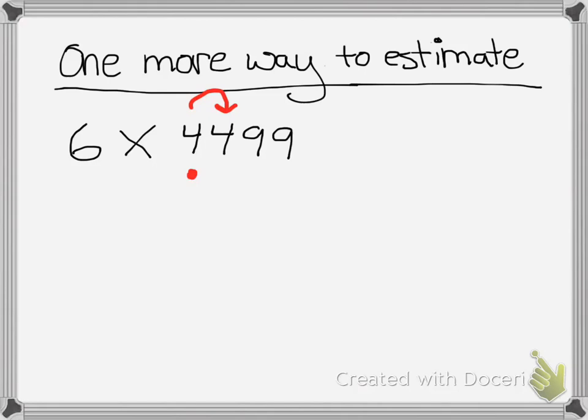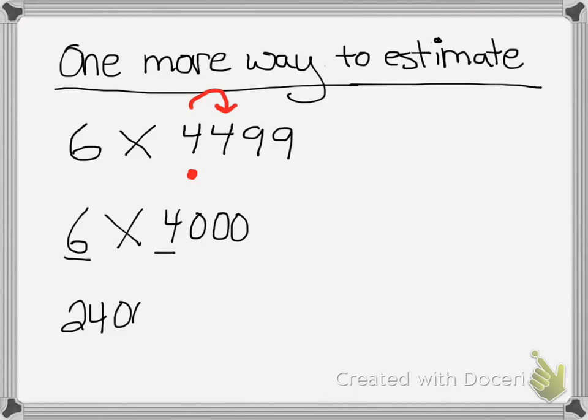So this number sentence would be 6 times 4,000, which would give us, for an estimate, 6 times 4 is 24. There are 3 zeros. 6 times 4 thousands is 24 thousands.